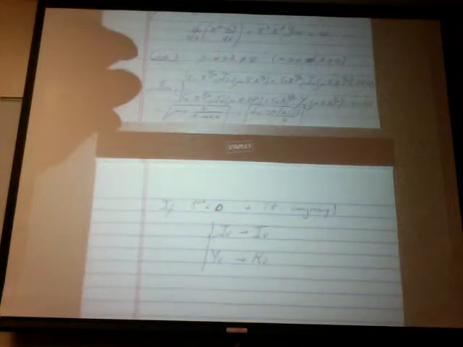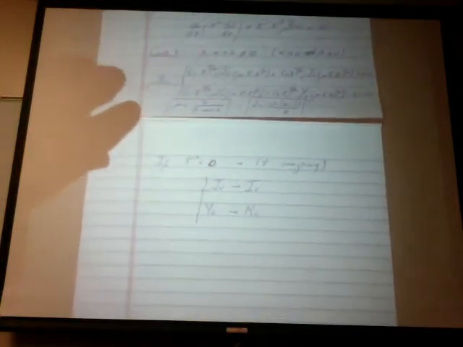Then J nu will become I nu, the modified Bessel function, and Y nu will become K nu.